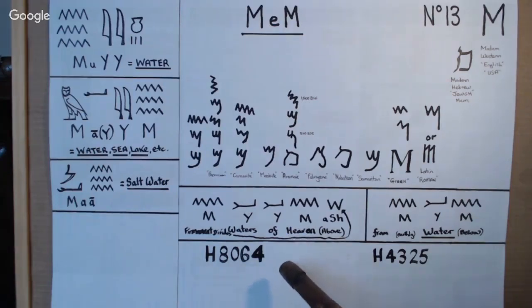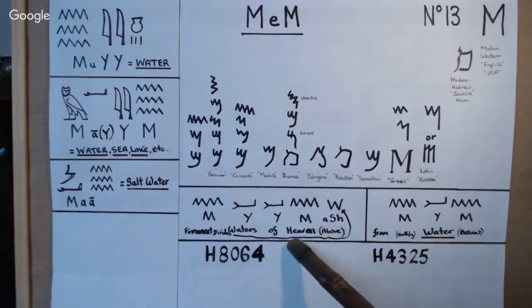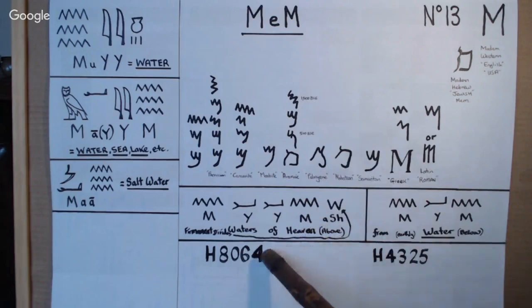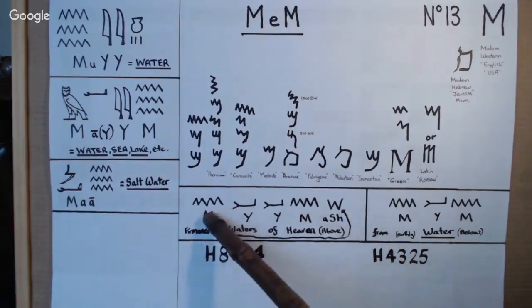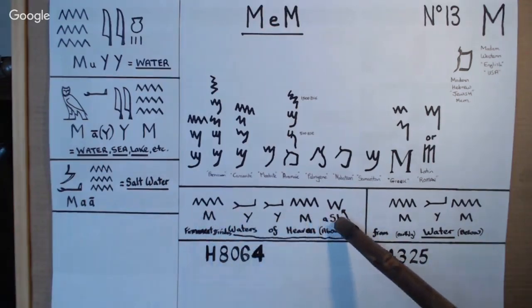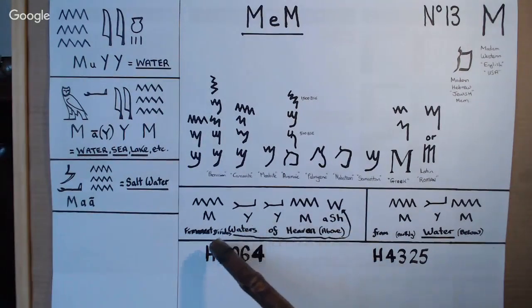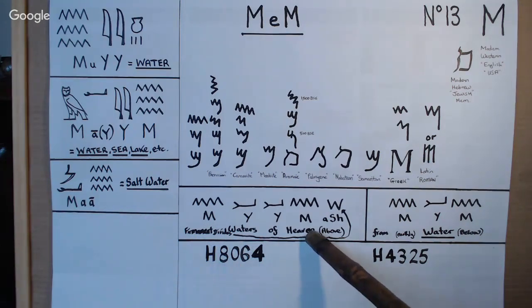It's just too much. So this one underneath is the number H8064, which is ShaMYYM, which, for those of you who don't know, means heaven, or actually the firmament that divides heaven.